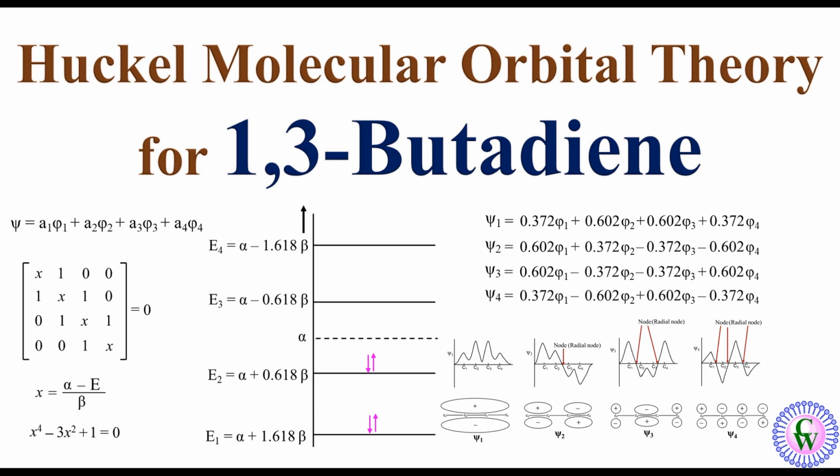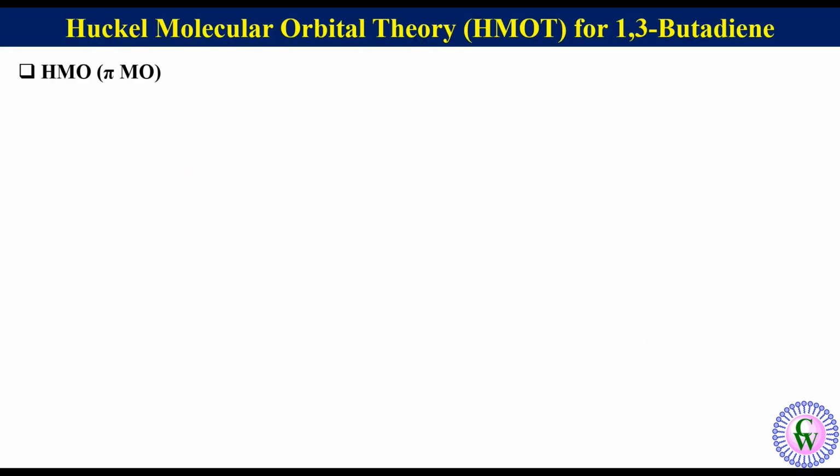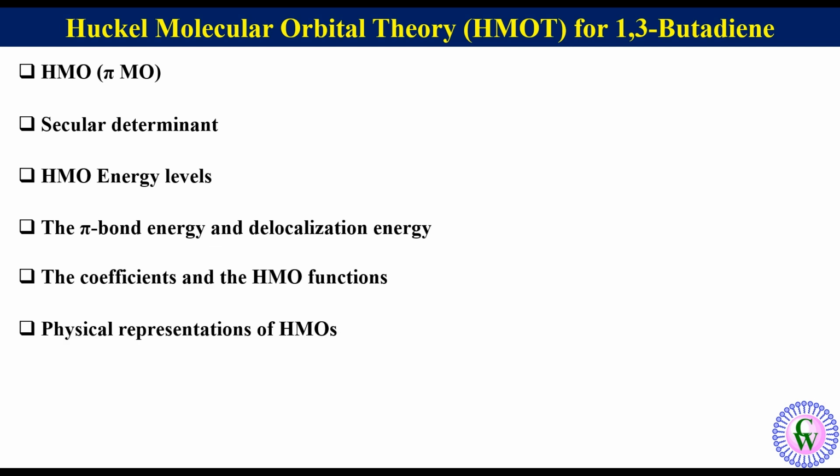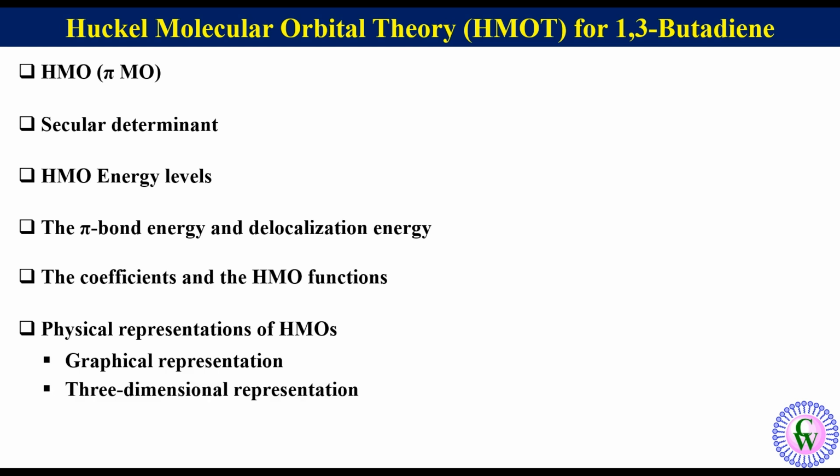We will discuss the following points: Huckel Molecular Orbital or pi molecular orbital, secular determinant, Huckel Molecular Orbital energy levels, the pi bond energy and delocalization energy, the coefficients and the Huckel molecular orbital functions, and lastly we will discuss physical representations of Huckel molecular orbitals, where we will discuss both the graphical and three-dimensional representations. Let's take one by one.